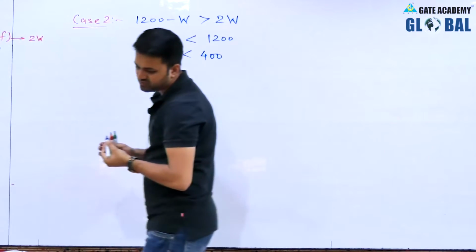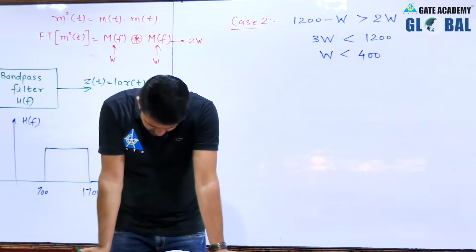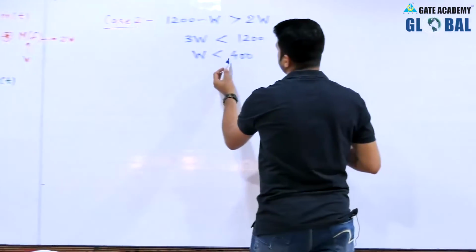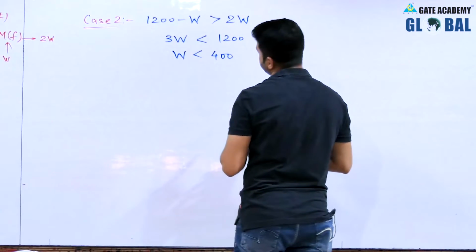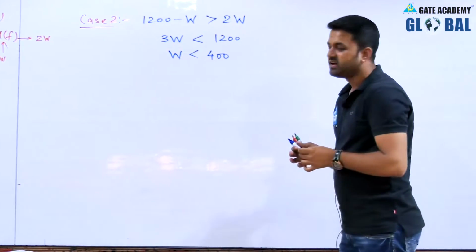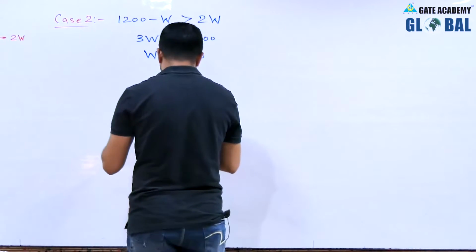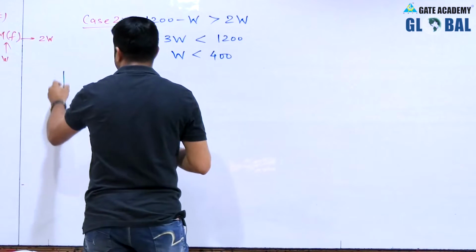So we have to calculate the maximum value. The maximum value is 400, because W should be less than 400. So if I take W equal to 400, then the spectrum will look like this.